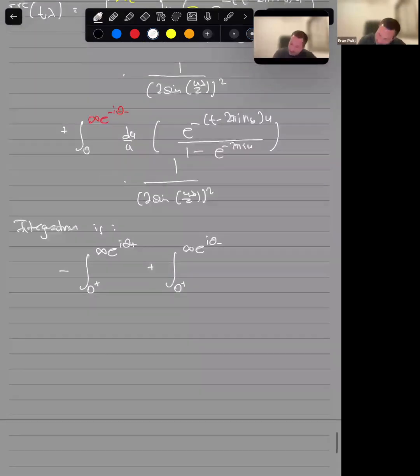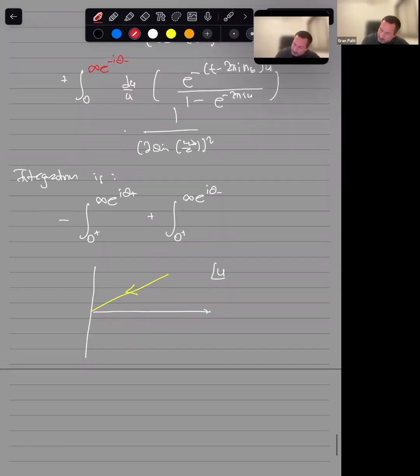Okay, so this is what the integration looks like in the u plane. This is the integration line here, but it's going backwards because it has a minus, and this thing doesn't have a minus, so it's going forwards.